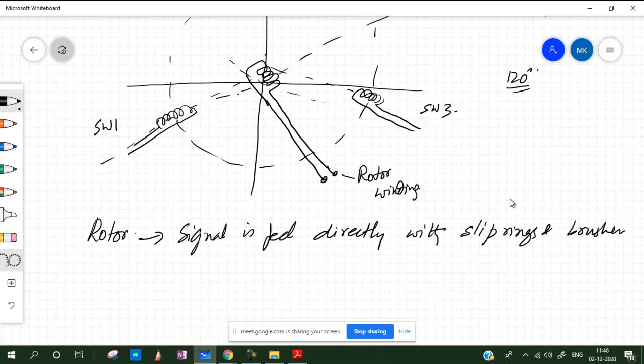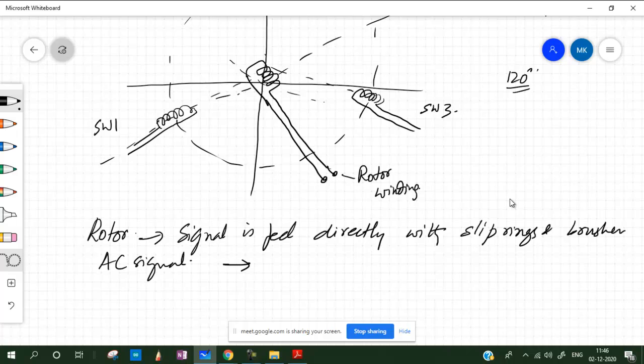So we do make use of brushes and slip rings to directly excite this rotor with the AC signal. एक और चीज़ आपको याद रखना है, जैसे LVDT में भी, we do not make use of 220 volts and all the things, because that will make it expensive, or it would need a lot of resistance for a low current to pass through. So that would mean it would need a lot of winding and other things. There are other issues.